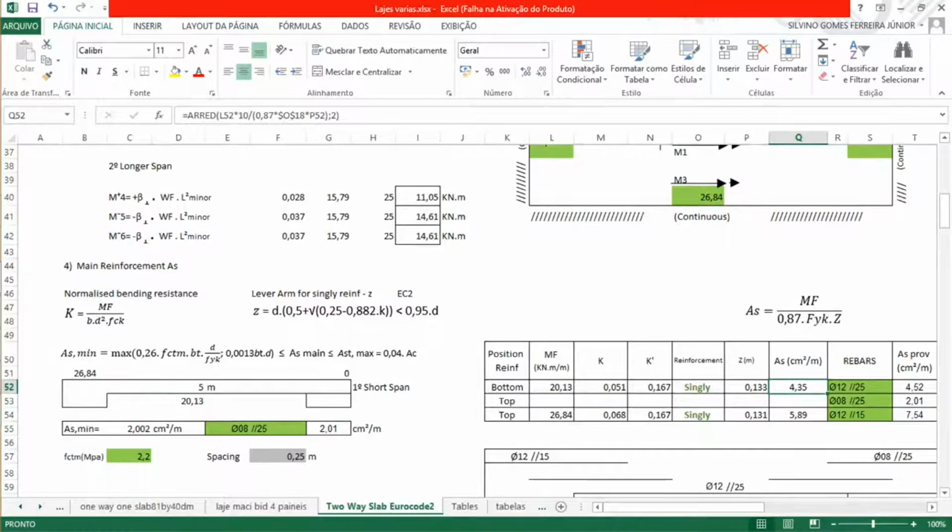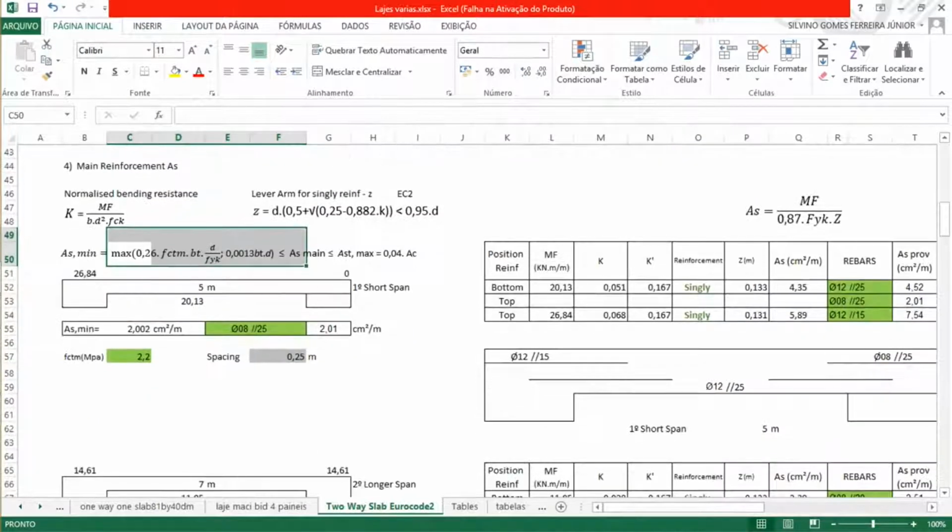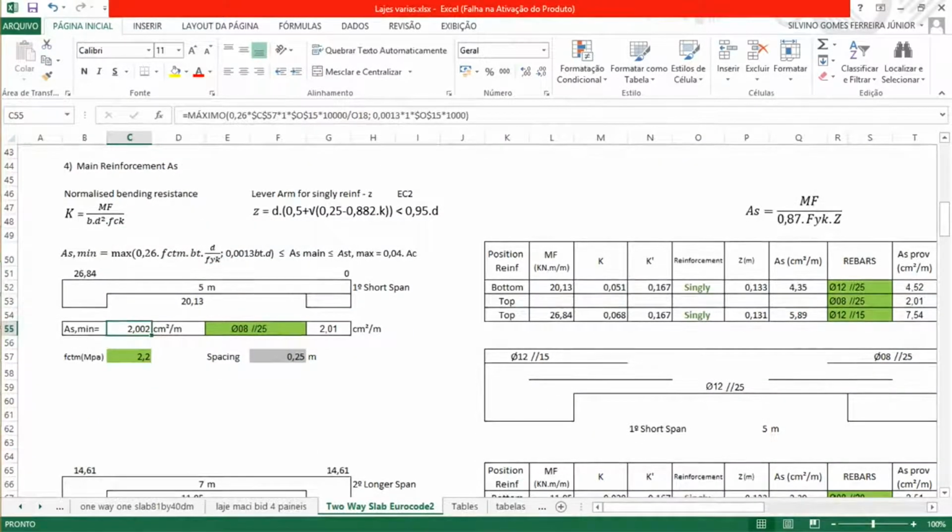We check the minimum reinforcement given by this equation. If we check it, the minimum reinforcement is 0.26 multiplied by fctm. The fctm is in the Eurocode, in the tables for this concrete.